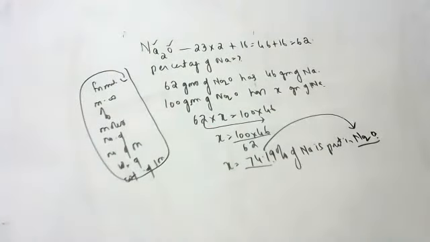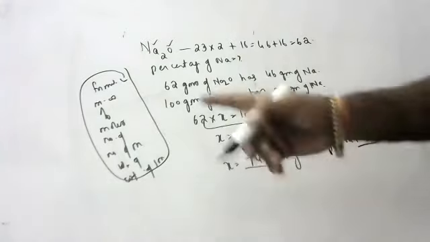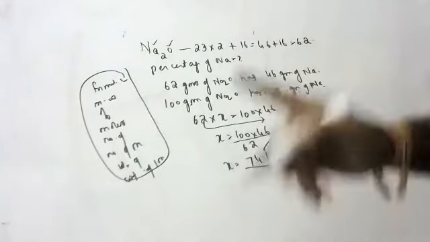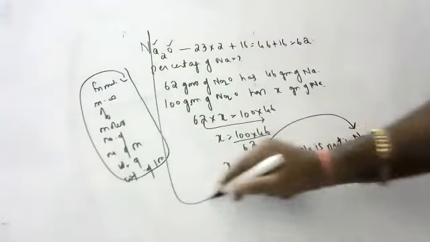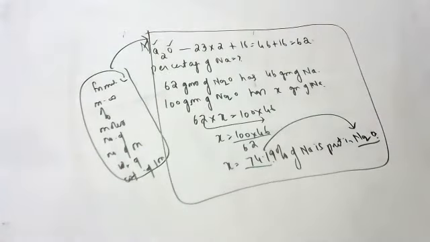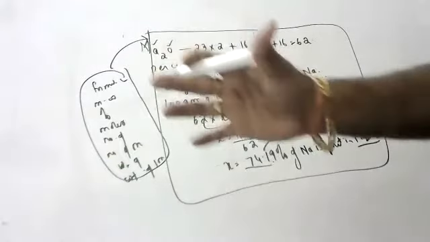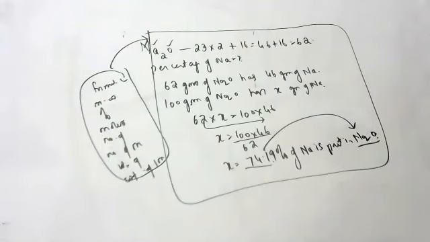Go through each video and repeat the sums, all in the description. I have so many sums also. If you practice all those sums, children, you'll become perfect. Many of you forgot. These are basic questions.